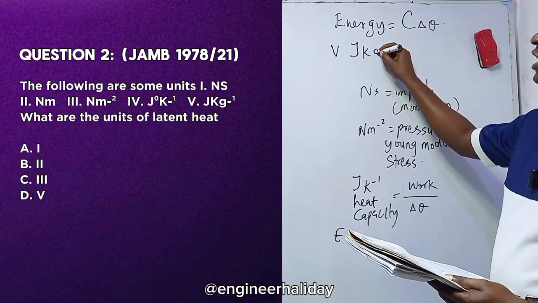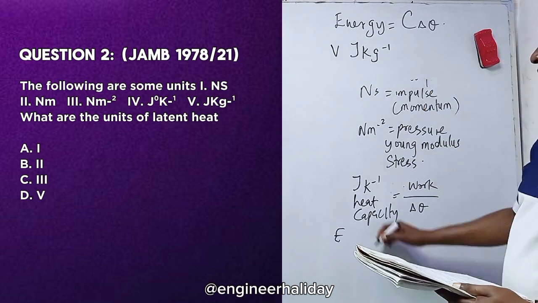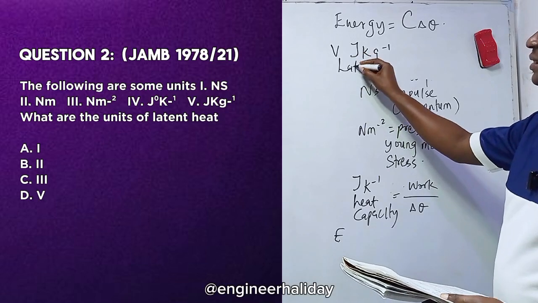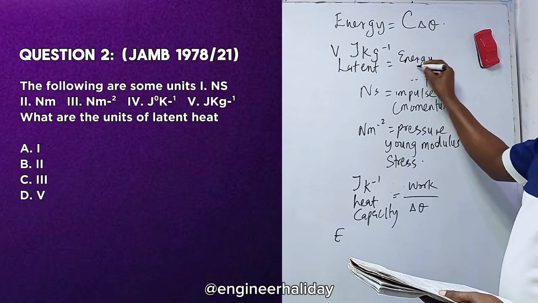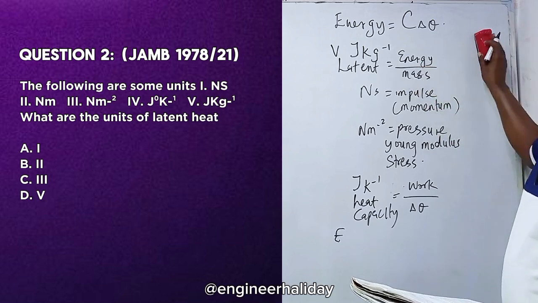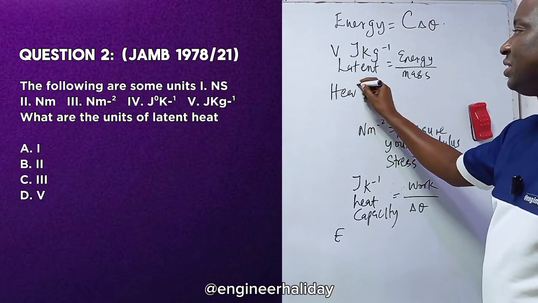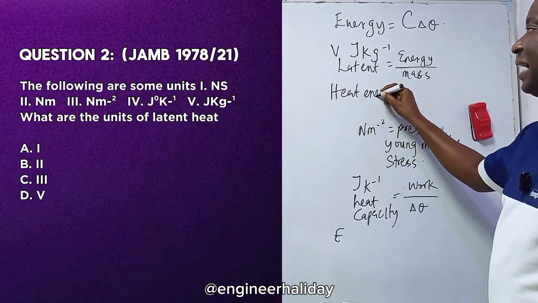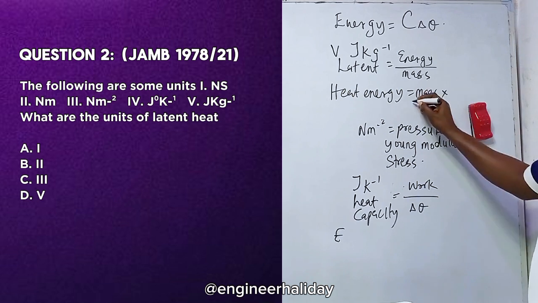This one is joules per kilogram. Joules per kilogram is latent heat. Latent heat is equal to energy or heat divided by mass. Don't forget, heat energy is equal to ml, mass times latent heat.